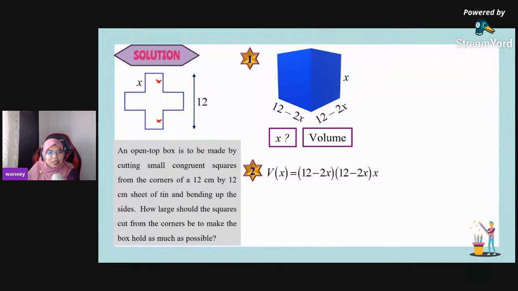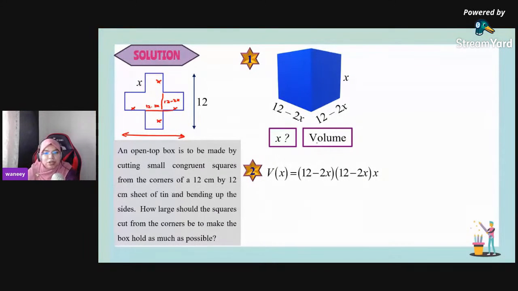Then the same thing happens over here. This one is supposed to be 12 centimeters, but you cut x over here and x over there, so this one will be 12 minus 2x as well. And the height will be where you cut them, so the height will be x.